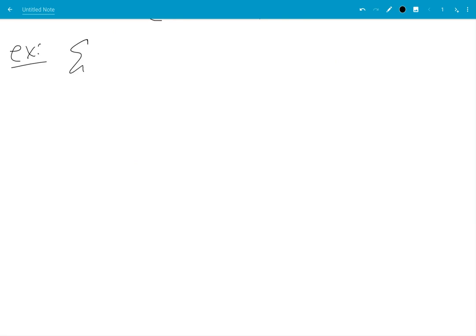What about (-1)^n over just n? The absolute value of a_n is just 1 over n. So the summation of the absolute value of a_n is equal to the harmonic series, which is divergent. Okay, where are we now?